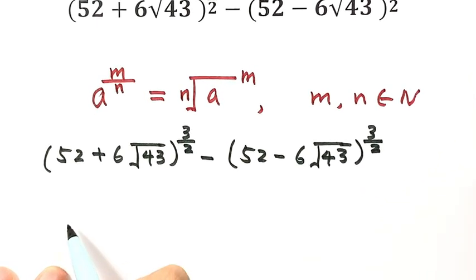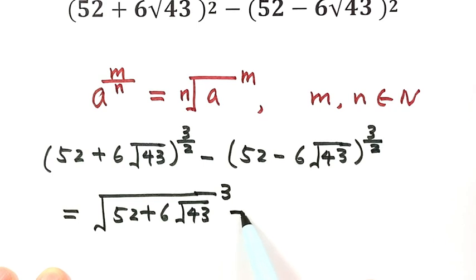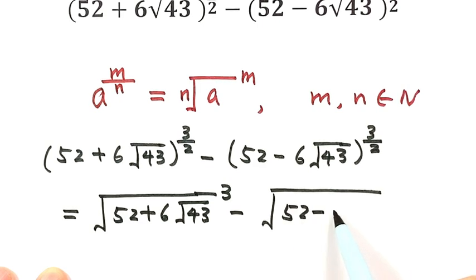Let's see the first part. The 2 means square root. Then here, 52 plus 6 square root 43, then to the power 3. Let's see the second one. 2 means square root. So here, 52 minus 6 square root 43, then to the power 3.